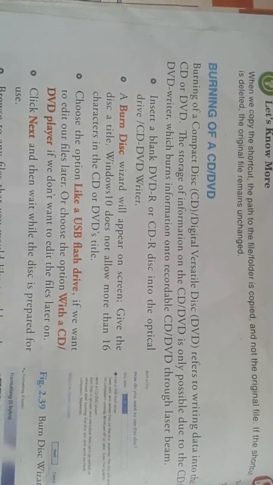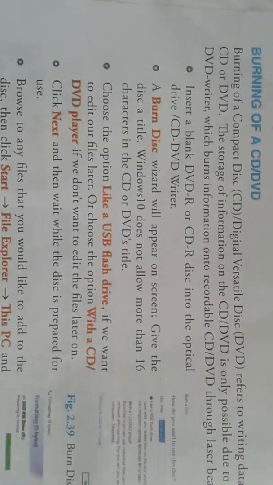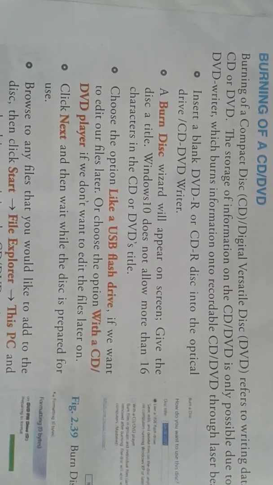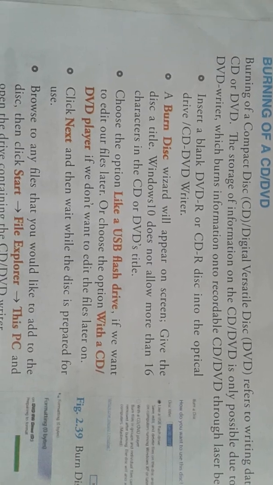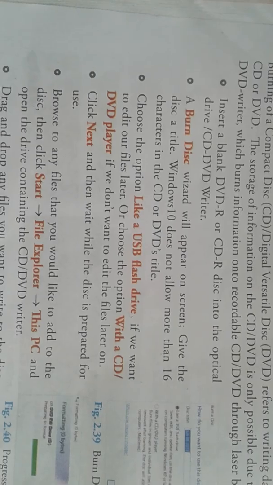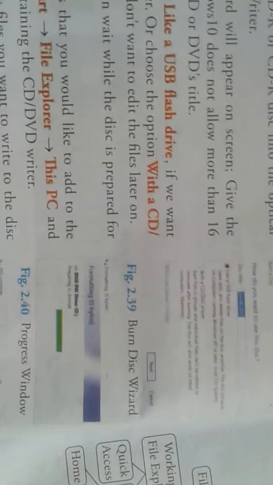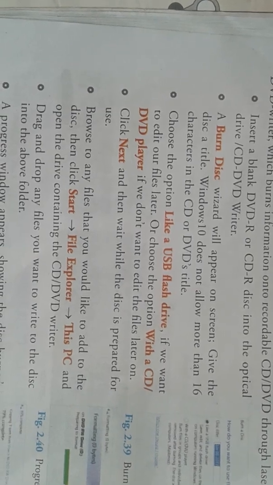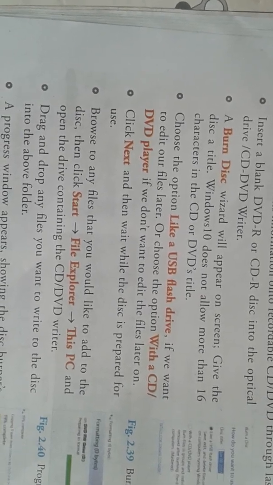Insert a blank CD. How can you do that? Insert a blank CD or DVD into the optical drive, the CD DVD writer. A burn disc wizard will appear on the screen. Give the disc title. Windows 10 does not allow more than 16 characters for the CD and DVD title.